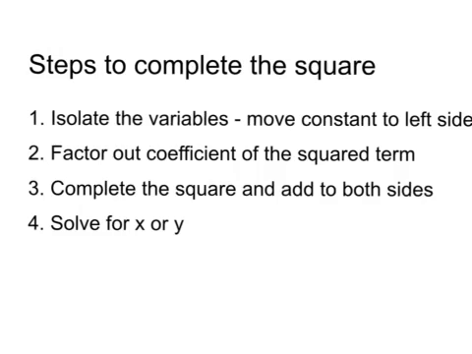Let's first review the steps to complete the square. Number 1, isolate the variables, move the constant to the left side. 2, factor out the coefficient of the squared term. 3, complete the square and add to both sides.